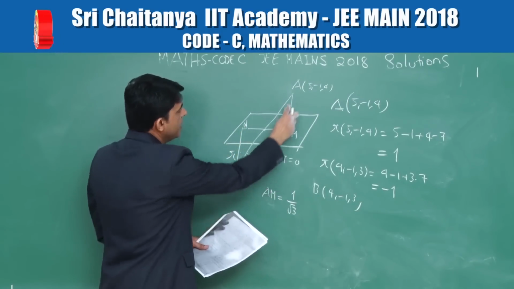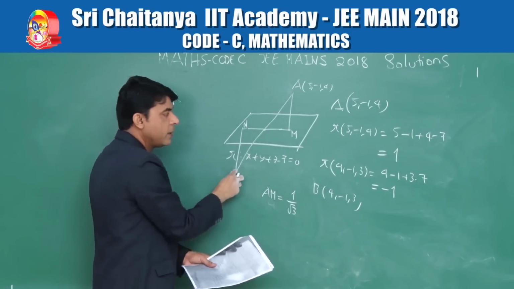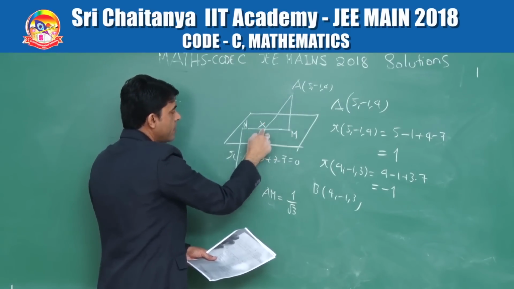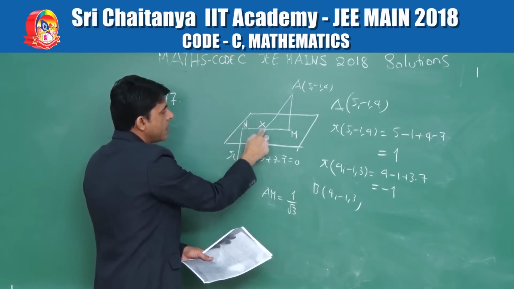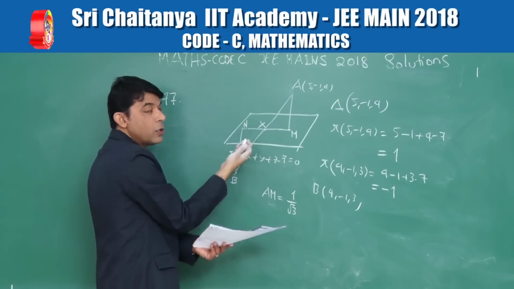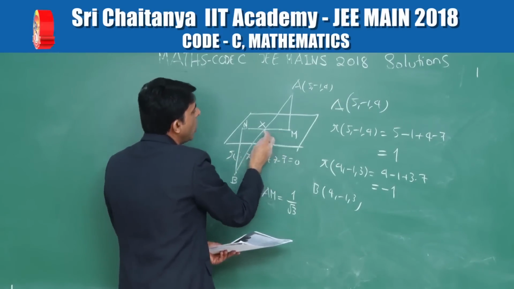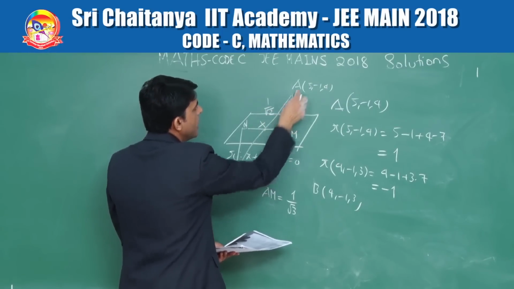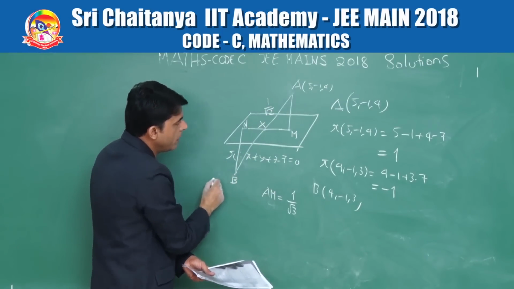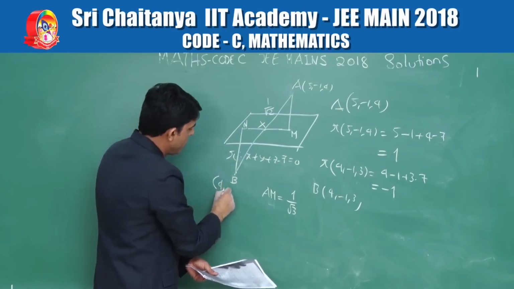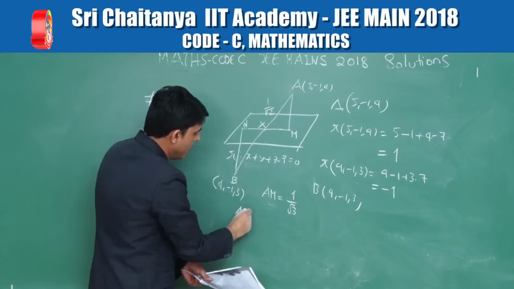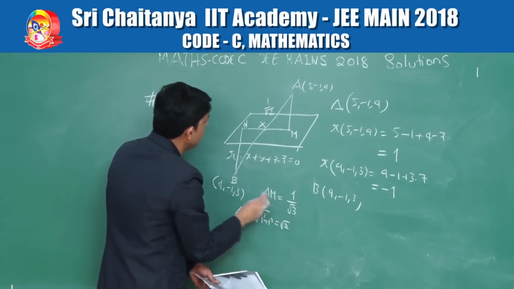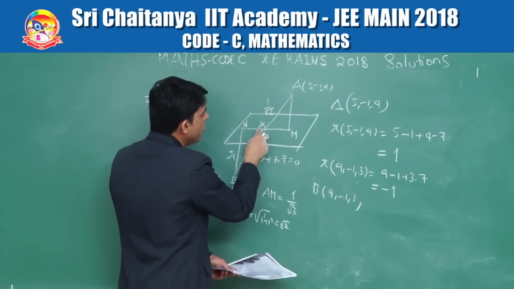So these lengths AM and BN are equal, and the triangles AMX and BNX, where we call the intersection X, are congruent. So AX is 1 over root 2 because AB happens to be root 2. A was 4, minus 1, 3 and B was 5, minus 1, 4, so AB is the root of 1 squared plus 1 squared, that's root 2. So your AX happens to be 1 over root 2.